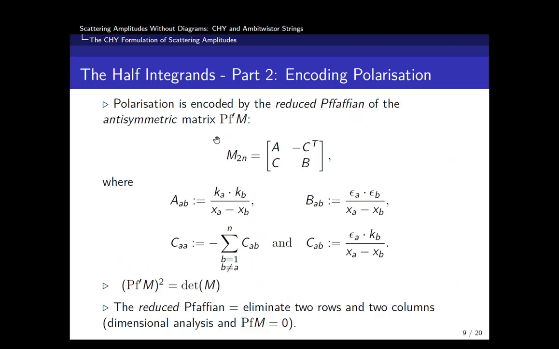So if we eliminate 2 rows and 2 columns, it's permutation invariant, so we can pick whichever 2 rows or 2 columns we want. We get the correct integrand that we want, and we did a sanity check on dimensional analysis, and this is nice. So we now have color, we now have polarization.